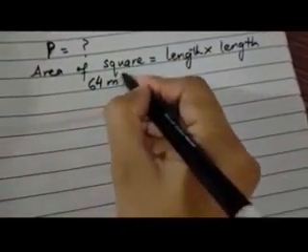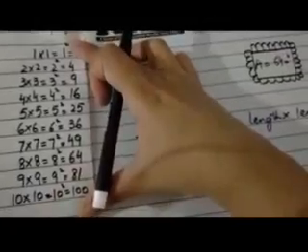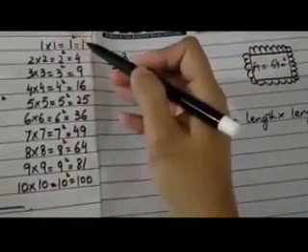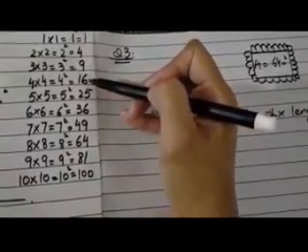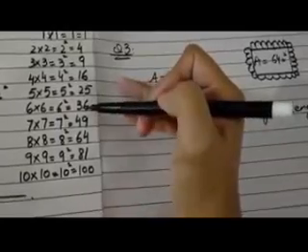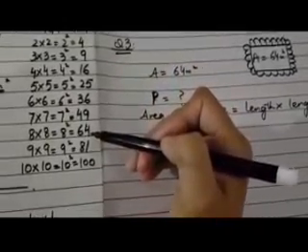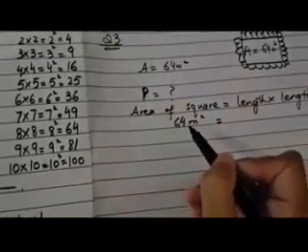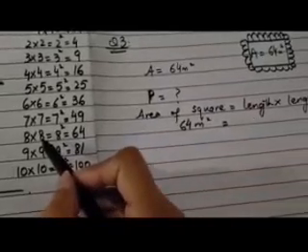It has been given. Now what about the length? Now you have to look at this table of squares. Where did 64 come? 1, 4, 9, 16, 25, 36, 49, 64. The area is 64 meters square and 64 is the square of 8.